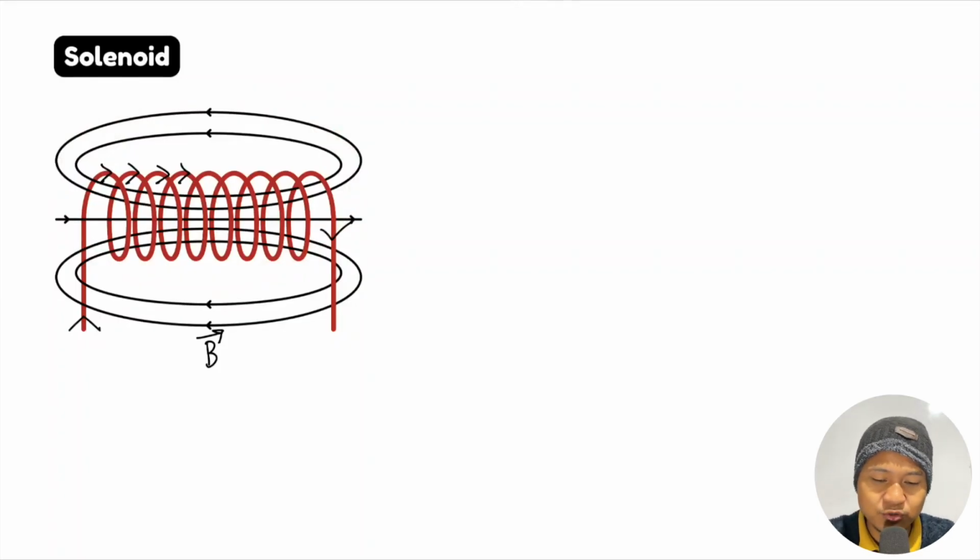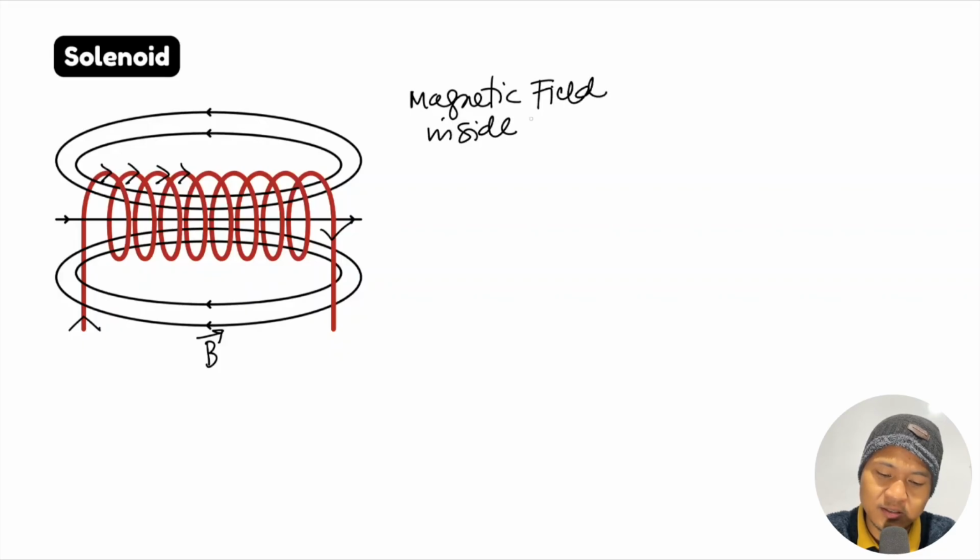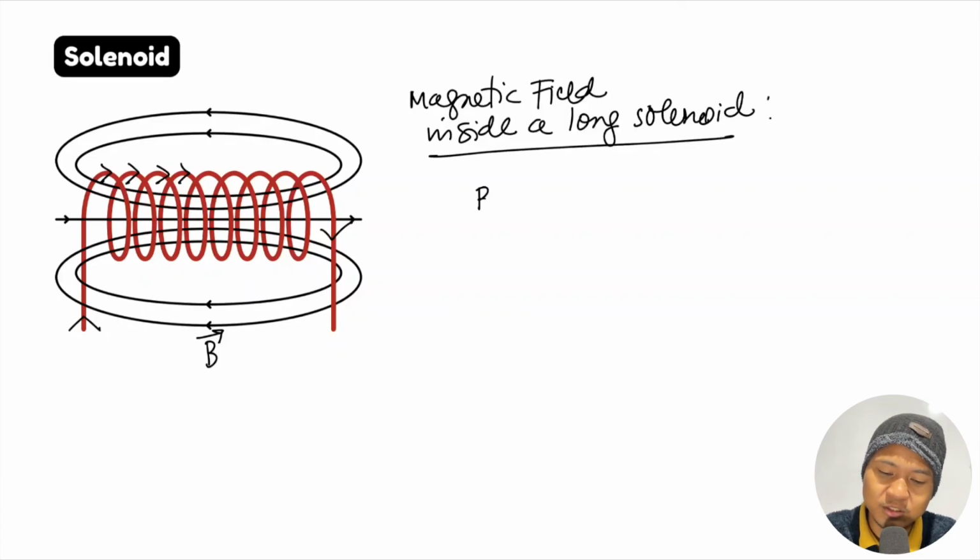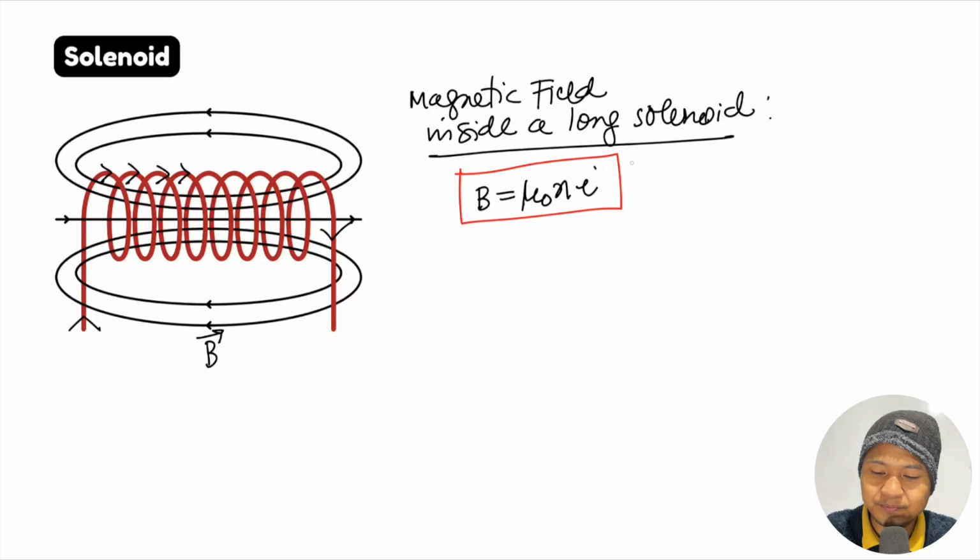Now the magnetic field value, due to the formula. The magnetic field inside a solenoid is B equals mu naught into n into I. What is n?